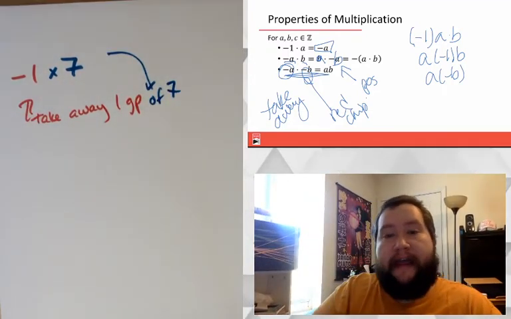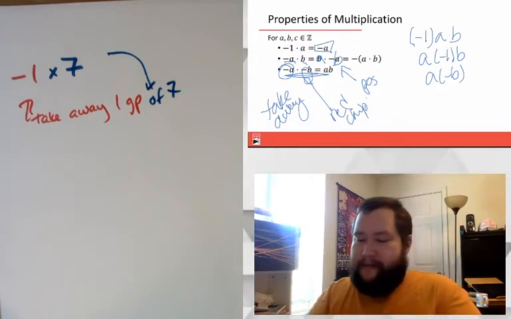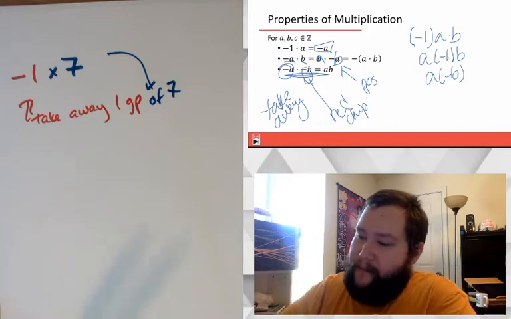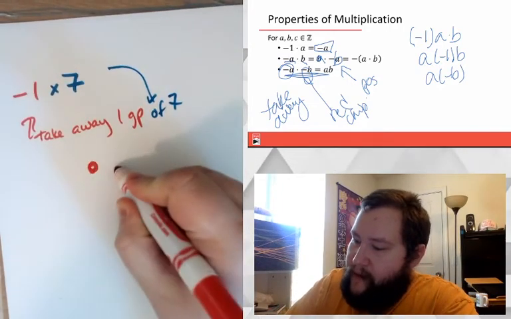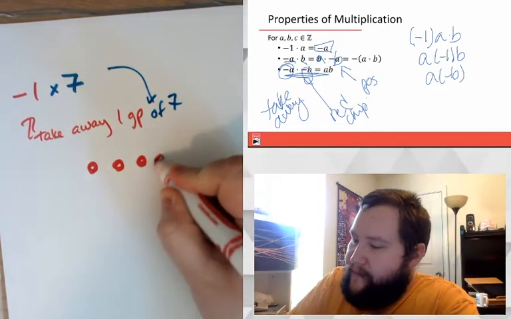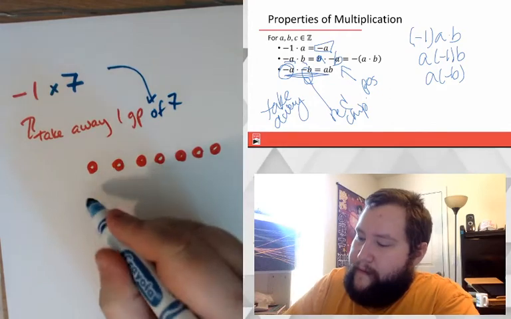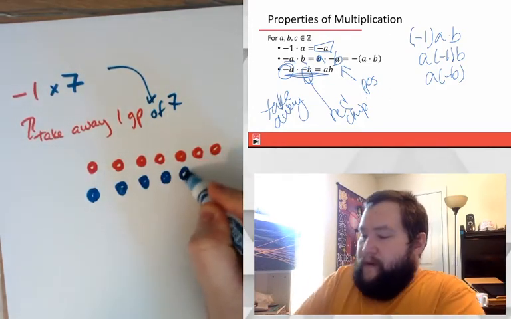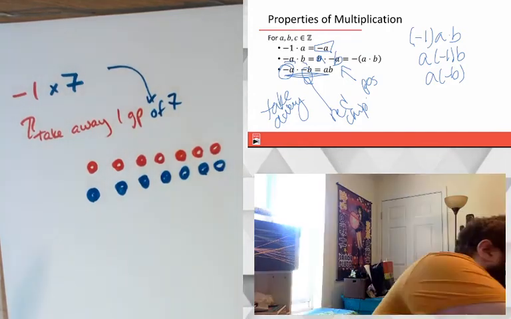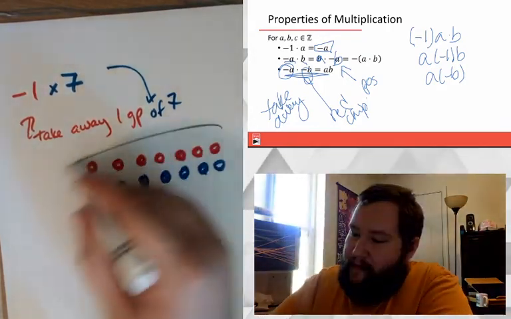So if we're taking away one group of 7, and we go ahead and start by putting 7 zero pairs, 1, 2, 3, 4, 5, 6, 7. And I think you'll agree, since I have 7 zero pairs, that this is 0.